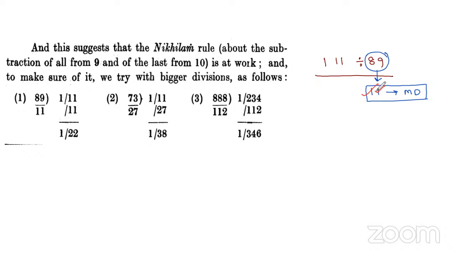Now in this example, the first two digits we take as a group and the remaining digits will be another. Suppose 1, 2, 3, 4 divided by 89 if I am taking, the modified divisor will be 11. So we have two digits, 1, 2. After that, the remaining digits will be one group. The first two digits will be one group. In this way, we have to divide the numbers for the quotient and the remainder.